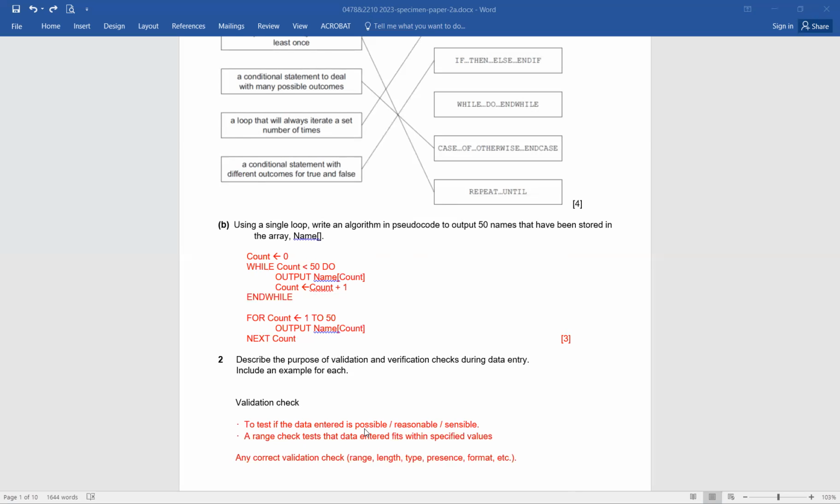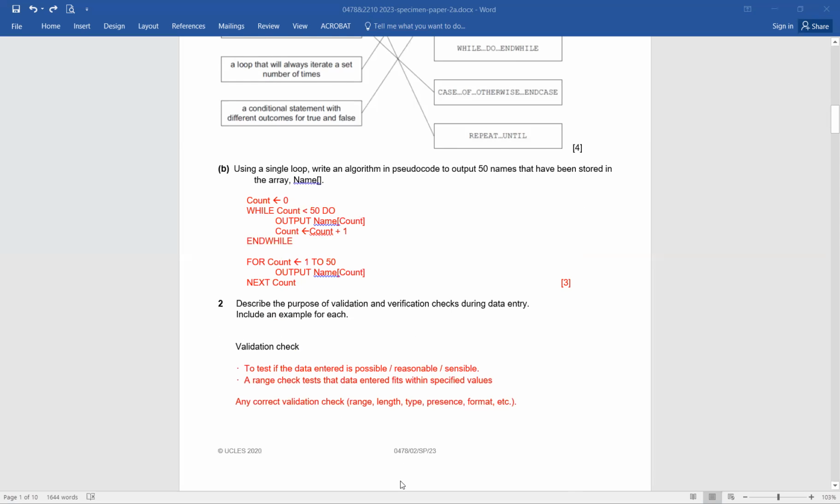If you say the range check is going to test that data entered is within a specified range, which is the upper limit and the lower limit, that will give you 2 marks, because 1 mark is for the description of the term validation, and the second mark is for the explanation of the check that you have chosen. Remember it is any one example, which can be a range check, type check, length check, or any check that you have chosen. You will write something about that, and that will give you 2 out of 2 very easily.